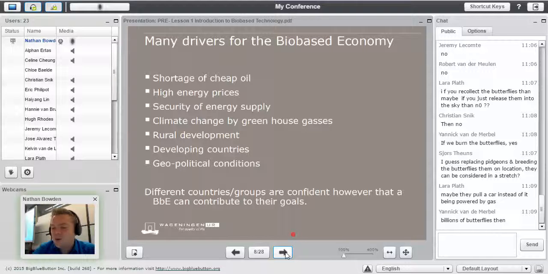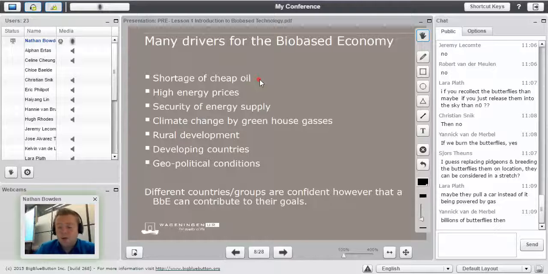There are many drivers and reasons why we want to go to a bio-based economy. A shortage of cheap oil. Maybe you guys don't remember, but I remember when petrol used to cost less than $1 a gallon, which is about 25 cents a liter.